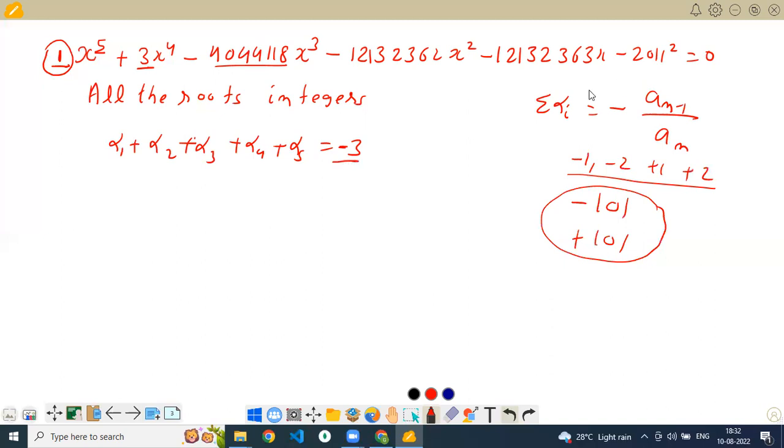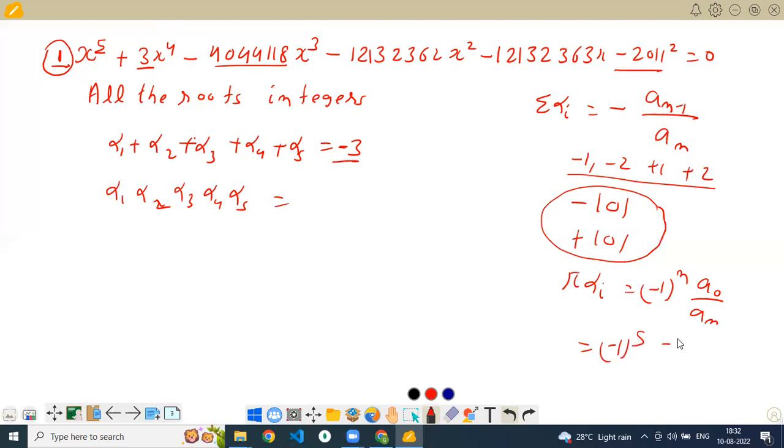So when you look at the product, alpha 1, alpha 2, alpha 3, alpha 4, alpha 5, the product of alpha i is minus 1 to the power n, a0 by an. So n is 5. So minus 1 to the power 5, our a0 is minus 2011 square, upon 1.